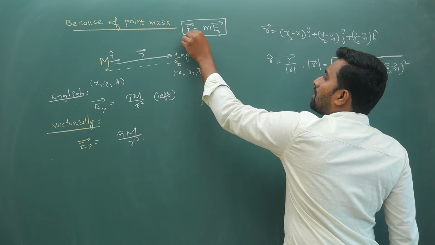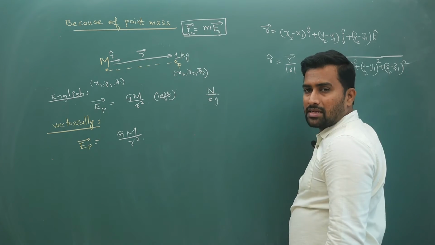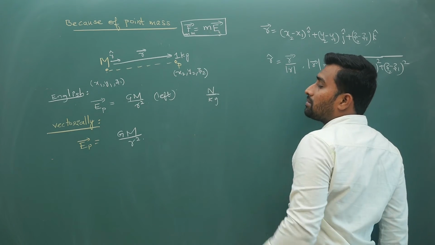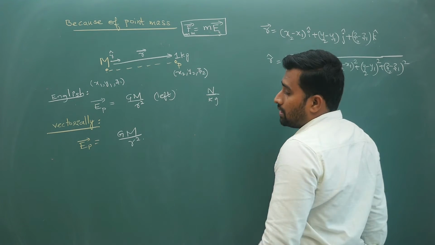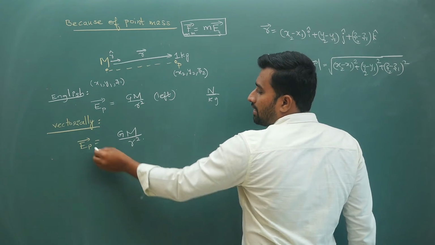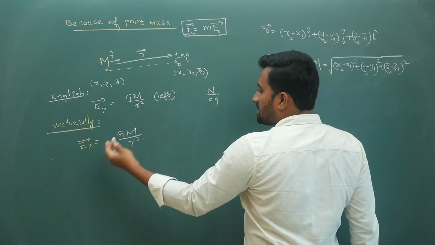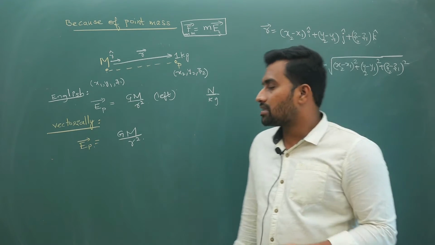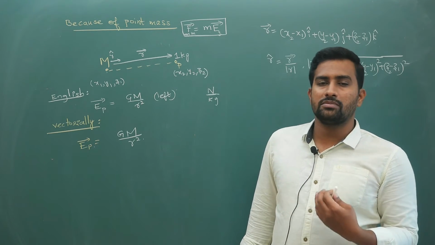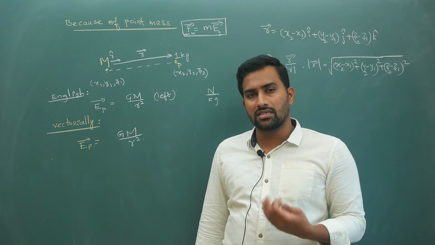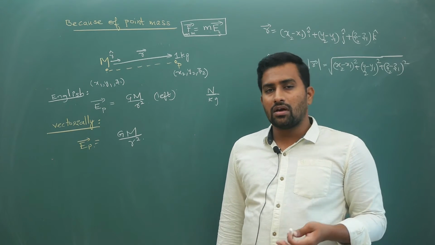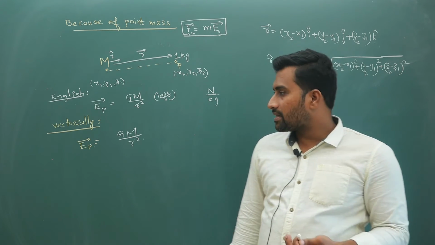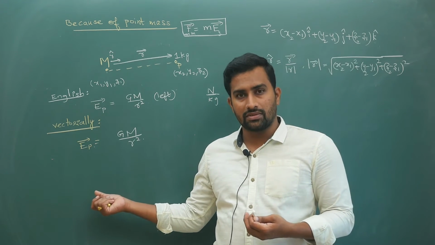Your force on m is mass times field. So this side unit is Newton, for mass it is kg, Newton per kg will give you field. I told you this chapter is similar to electrostatics, so that is why I am slipping my tongue, instead of mass I am talking of charge, instead of gravitational field I am talking of electric field. So don't get confused with that part.